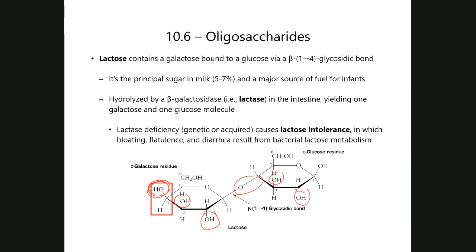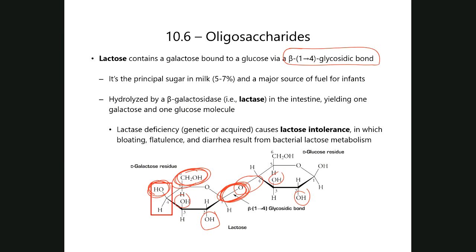And the bond is a beta linkage, okay? Now, I need to take back partially what I said in the previous slide. I said that we do not have the enzymes to break beta 1,4 glycosidic bonds, and I neglected to say that this was specifically in the case of cellulose.